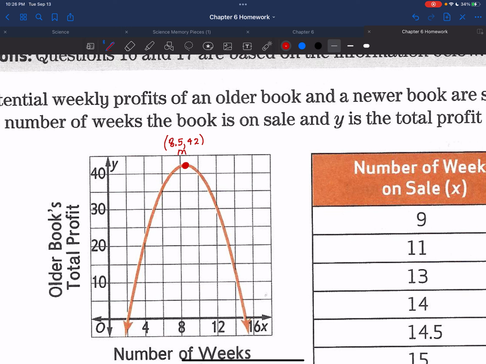What matters is that it is the maximum. In other words, these book sales in terms of profit peak at 8.5 weeks. 8.5, let's say to 9 weeks, just to be safe. Really, let's just say it is 8 to 9 weeks so that I'm not going to make an error in estimating.